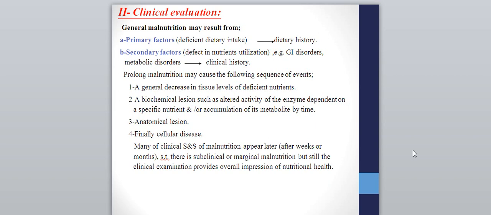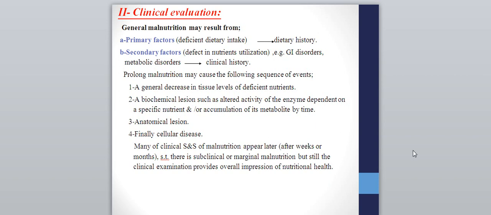So prolonged malnutrition causes the following sequence of events. First of all, there is a decrease in tissue level of the deficient nutrient, and there is a biochemical lesion that alters the activity of enzymes dependent on a specific nutrient, causing accumulation of its metabolite by time.